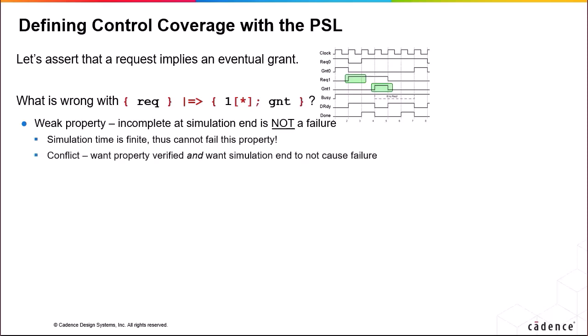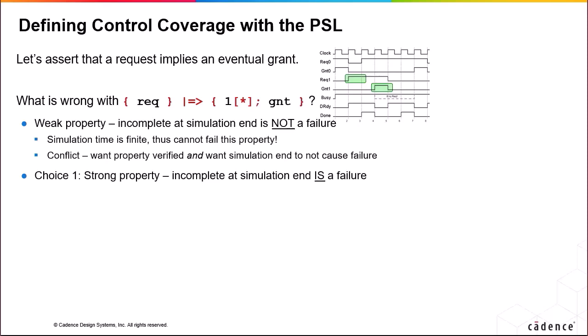We want to verify the property, but we also want the simulator to not, upon termination, report a failure of an ongoing attempt. To verify the property, we could rewrite it as a strong property. If an attempt of a strong property is ongoing, and your simulation terminates for any reason, the simulator does report a failure of that attempt.